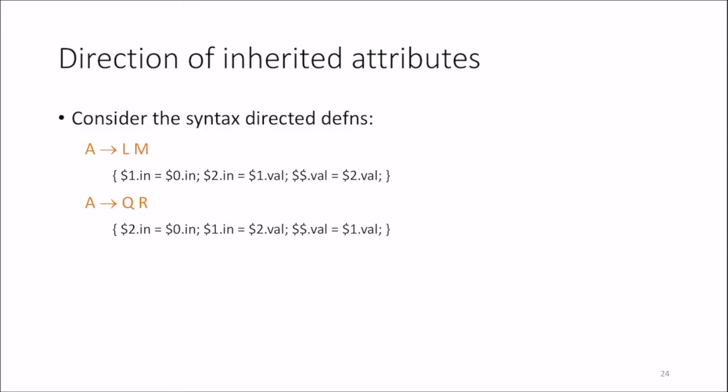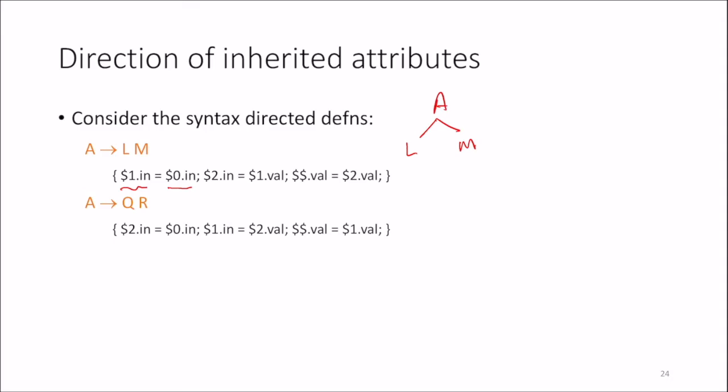It's sometimes easier to visualize them as a parse tree, as I've said before. So let's look at A goes to LM, and let's look at the direction of how the information is flowing in these attributes. So the first one says $1.in is equal to $0.in.